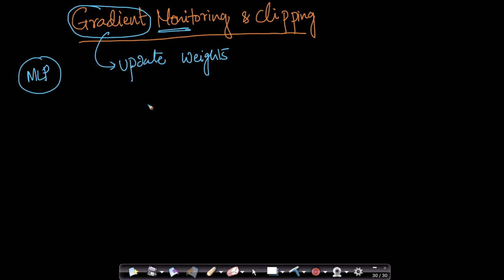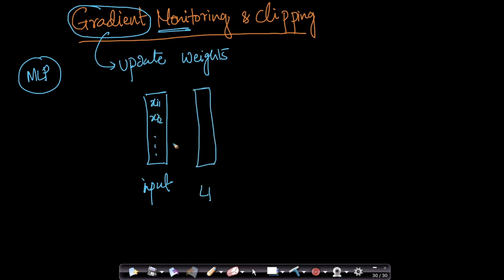So let's assume you have a neural network like this, where this is your input layer. You have a bunch of inputs here like xi1, xi2, and so on. And you have, let's say, layer 1, and this is fully connected. When I write this, what I mean is this is a fully connected layer.